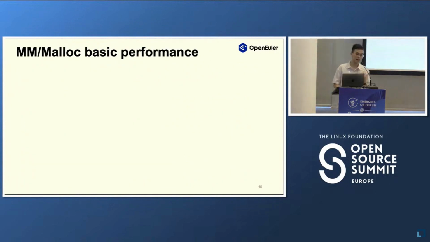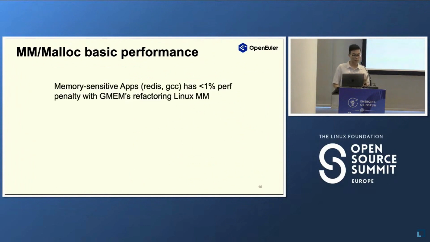We also look at the basic performance of the memory management system and the malloc library. We tested some memory-sensitive applications, including Redis and GCC from SPEC 2017. They all have less than 1% performance penalty, and this is done with a Linux system that features GMEM.